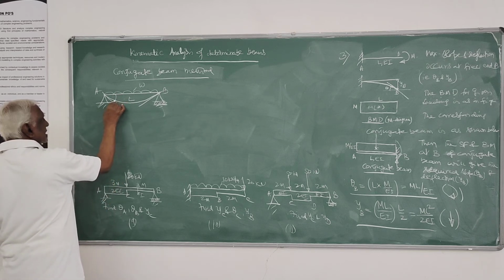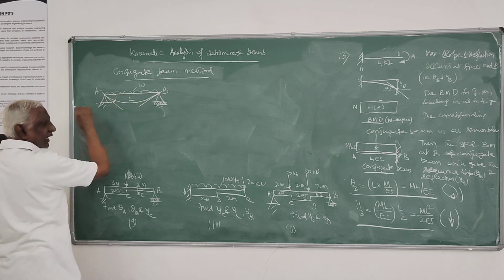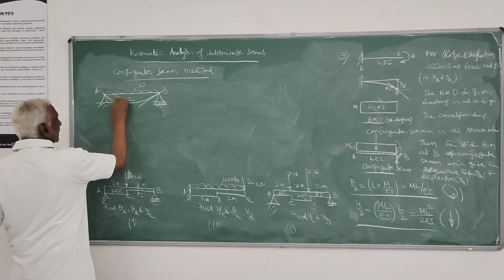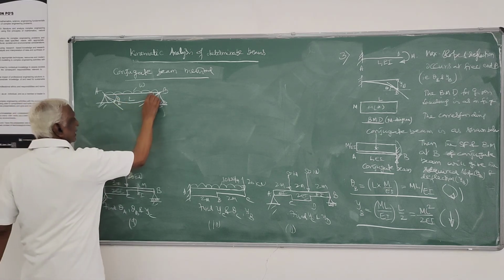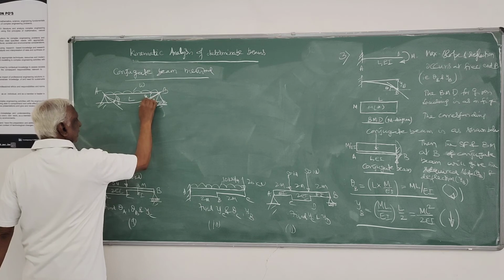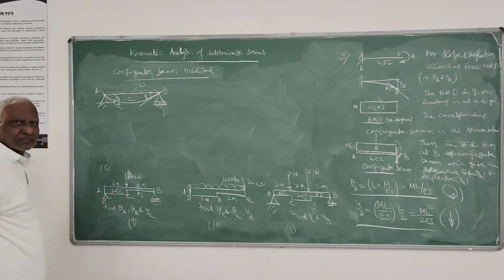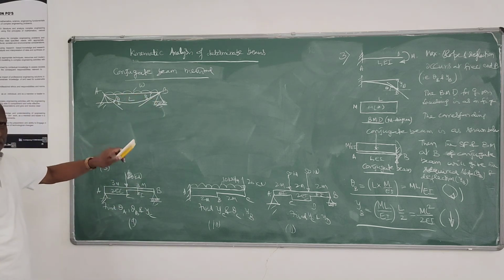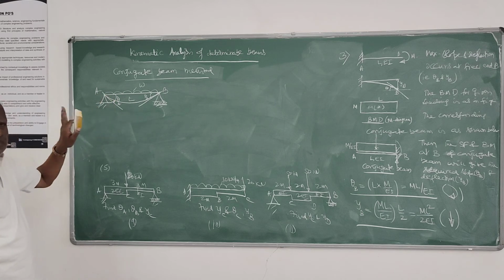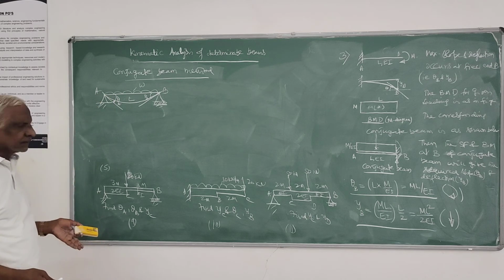Here, with respect to the original direction, whatever angle the tangent makes, that is the slope at A. This is the slope at B, that is maximum, I told. In a simply supported beam, maximum slope occurs only at the support.